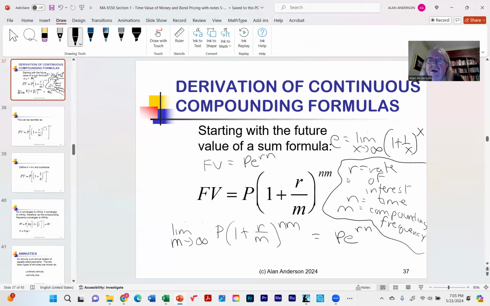If the compounding frequency, for example, is quarterly, that would mean instead of thinking in terms of 8% for 5 years, it would be 2% for 20 quarters. So that's why the formula is set up this way. But as M keeps increasing, the interest rate shrinks, but the number of time periods increases. And in the limit, it actually converges to Pe to the Rn power.